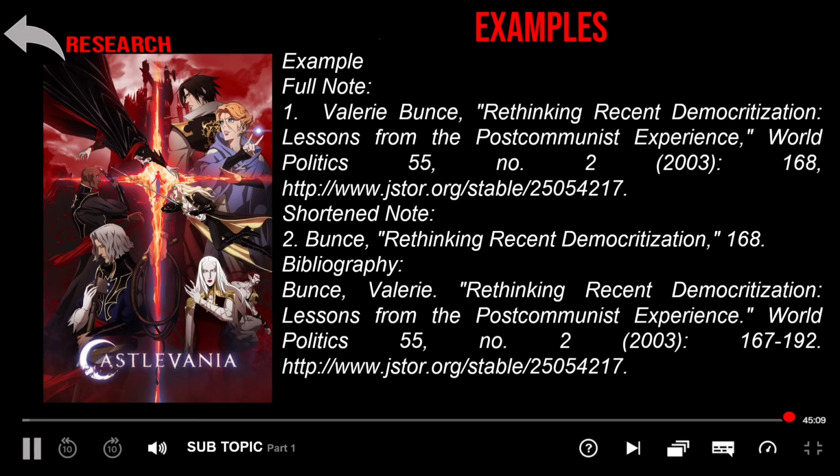For the bibliography: Bunce, Valerie. "Rethinking Recent Democratization: Lessons from the Postcommunist Experience." World Politics 55, no. 2 (2003): 167-192, followed by the URL.